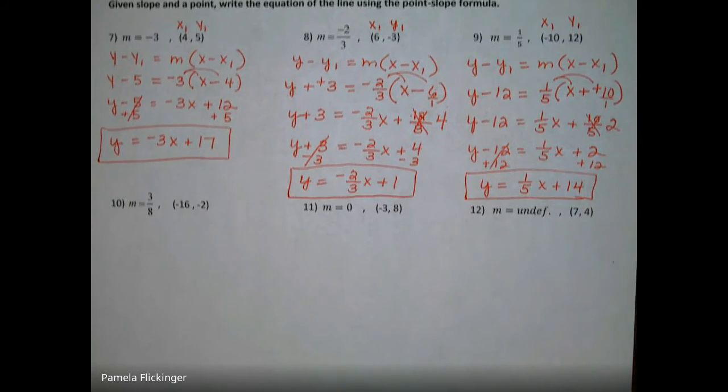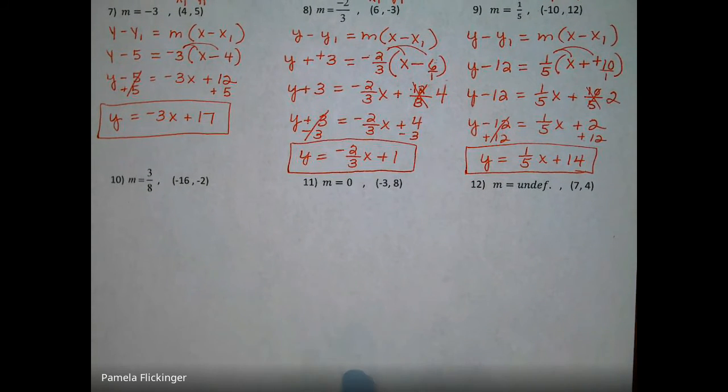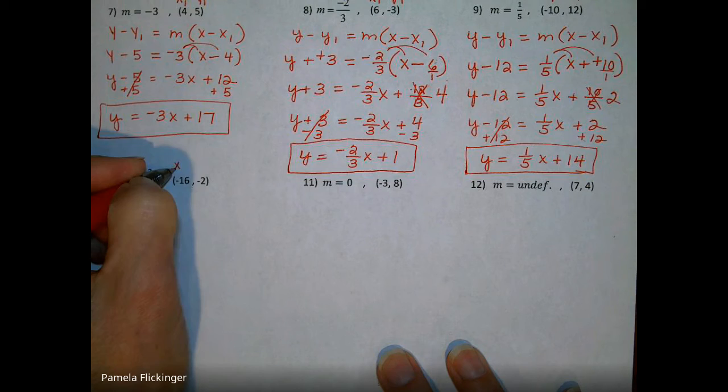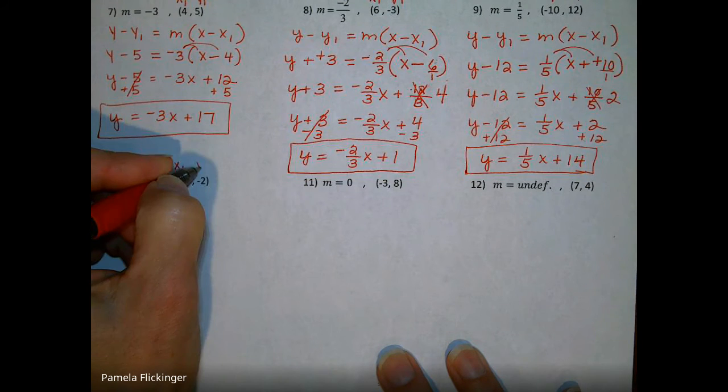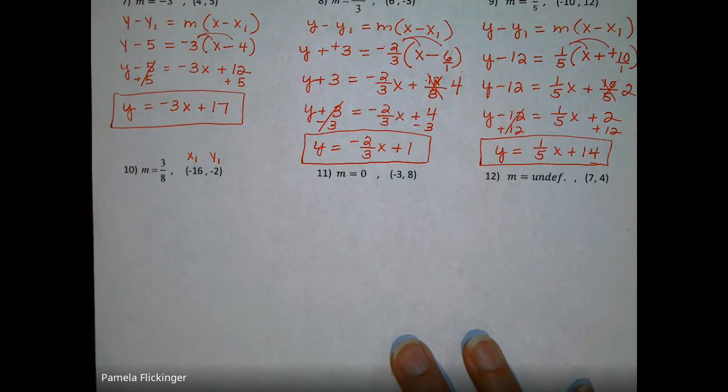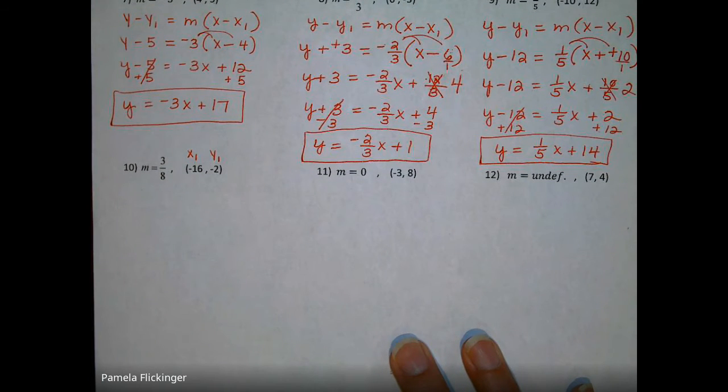Let's look at number 10. My slope is 3/8. My x1 is a -16, and my y1 will be a -2. All right, so this time I'm going to go straight to the substituting. So as I say the formula, I'll fill in.